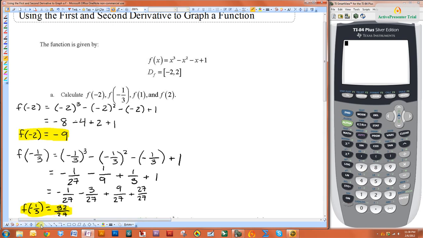Let's try the next one. F at 1. Well, that's just equal to 0.